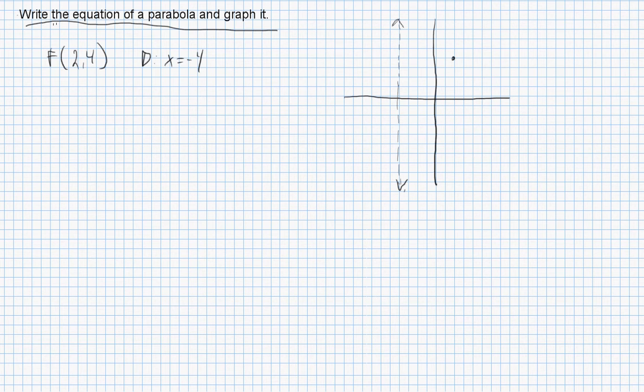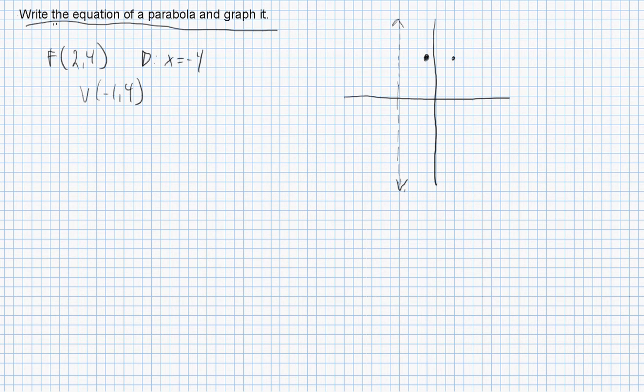So the vertex has to be right there, and the coordinates of that point are -1, 4. So the vertex has to be at -1, 4.